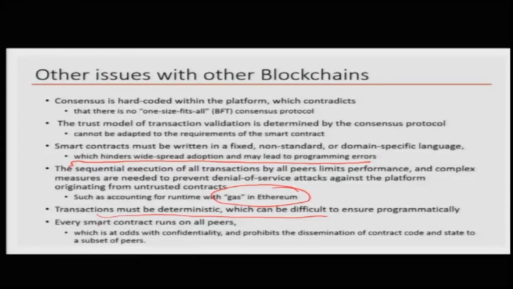And then again, as we talked about earlier, every smart contract runs on every node in the case of Ethereum, which means that every node needs to know the bytecode of your smart contract. Therefore, any intellectual property you have in the logic of the smart contract, or any business secret as to how you process transactions and make decisions on them, will be known to everybody else.